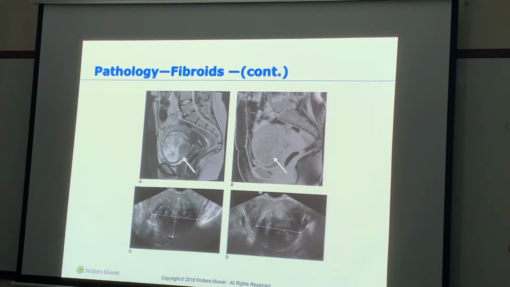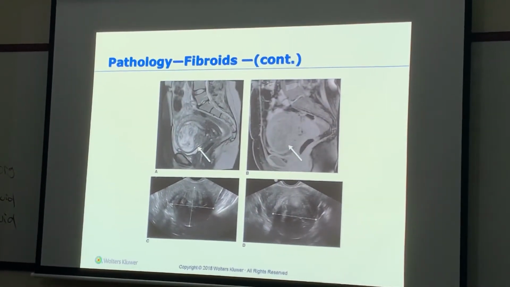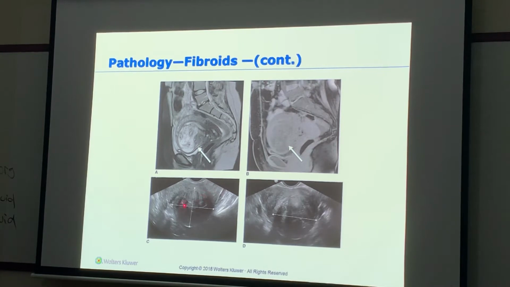Now, y'all haven't studied artifacts yet, but you're gonna study it this semester. We use artifacts to help us make a diagnosis. Okay? Now, because ultrasound comes in, it hits something curved, we have these little things.